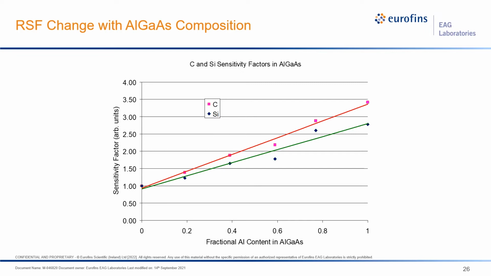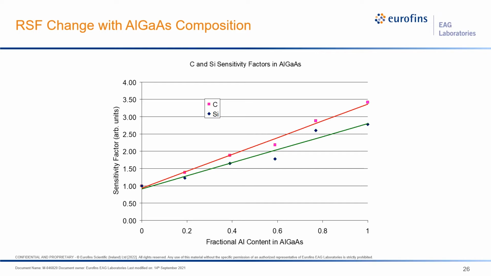As you can see from this plot, the RSF from gallium arsenide to aluminum arsenide for carbon is changing by more than a factor of 3, or for silicon more than a factor of 2. So if you were to quantify carbon and silicon in a given AlGaAs sample and use either this RSF or that RSF, you'll be making almost a factor of 2 error.